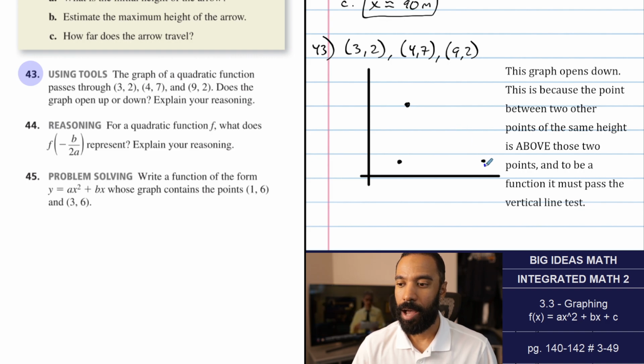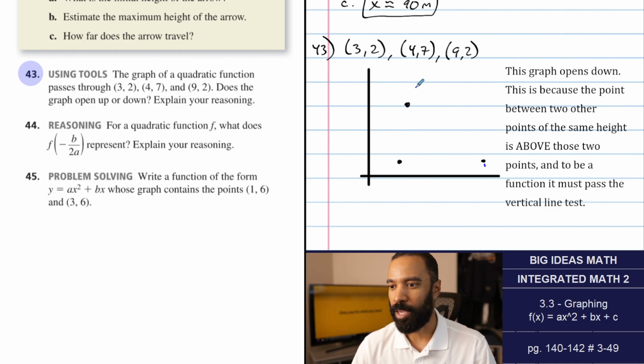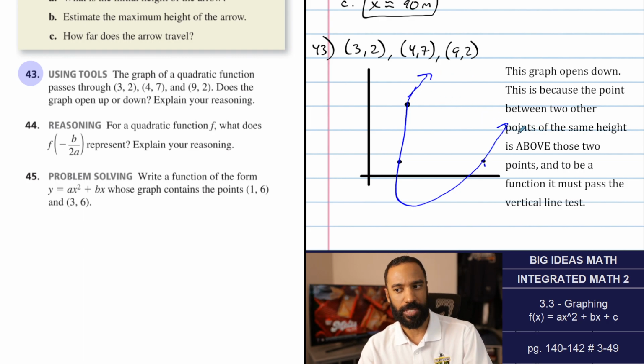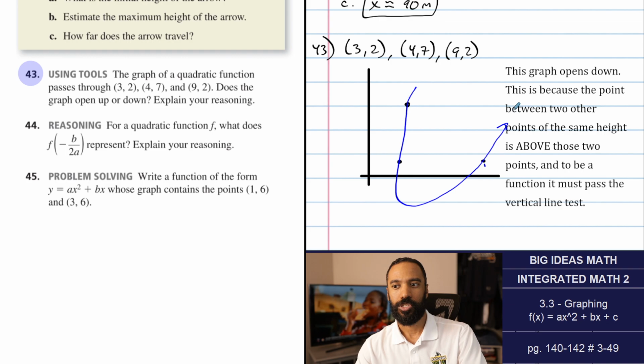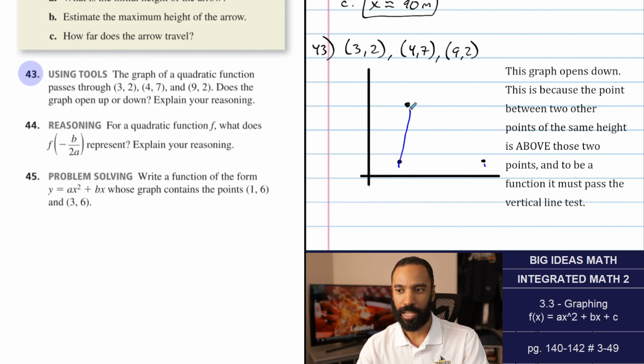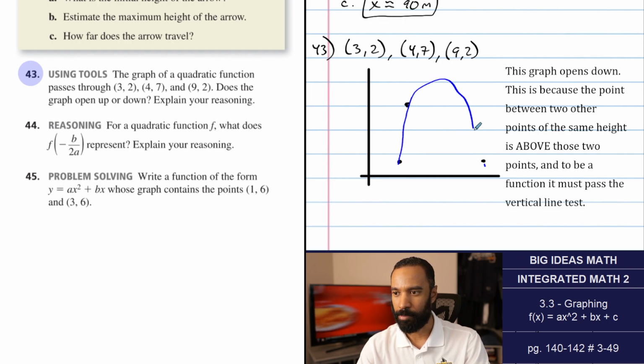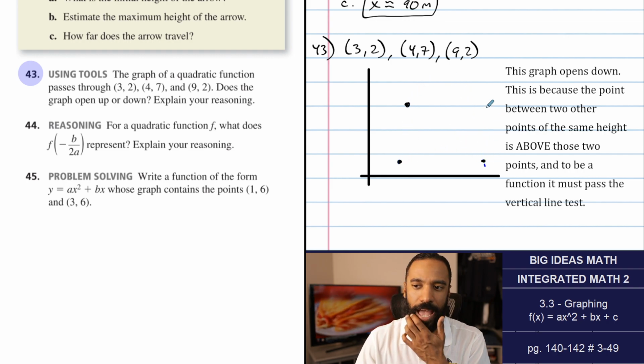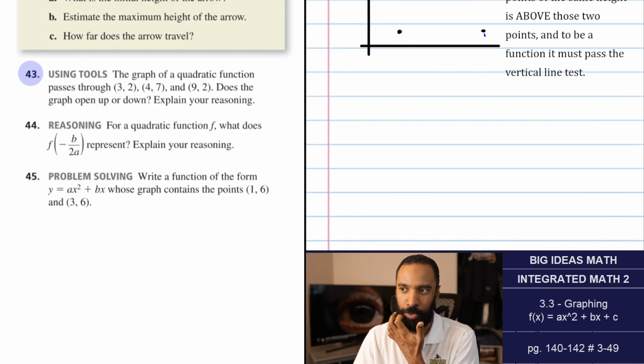Number 2, we could make a version that's right side up if it goes here and comes back, but you can't have one that goes that way. That's not a function. It needs to come up here, and by the way, this isn't the vertex. It probably goes up there, hits something, and comes back down. Anyway, that's just a support bit for 43.